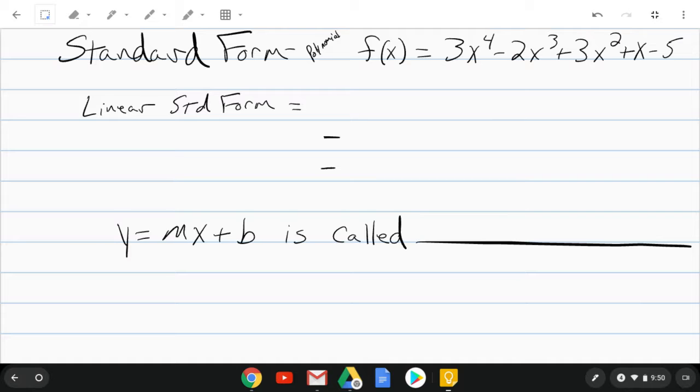I'm going to give you a hint. Indian boys. How were the Indian boys named? Whenever they came out of the tent, the first thing they saw, right? We named them. How do we name functions? By their degree. What's the degree of this function? So what's that called? Something to the 4th degree.